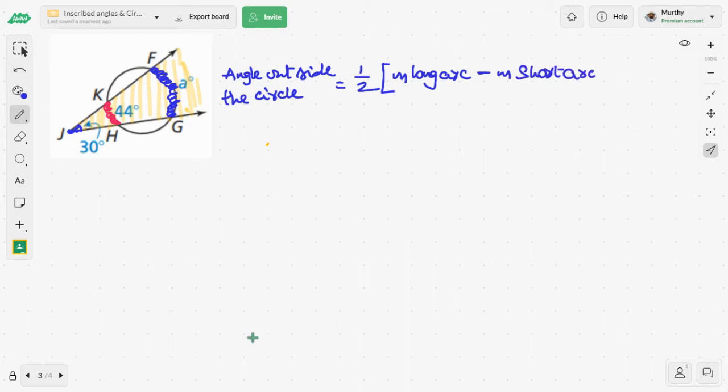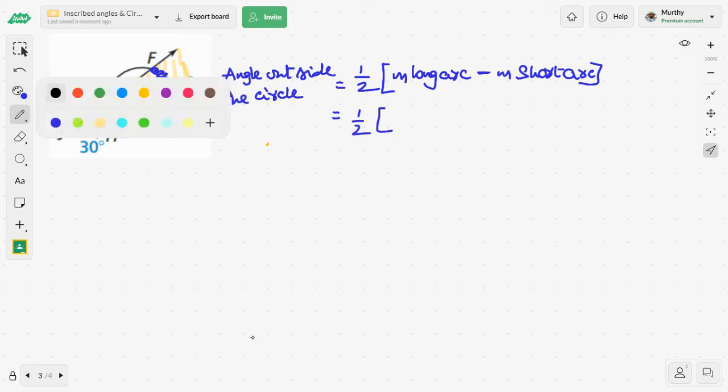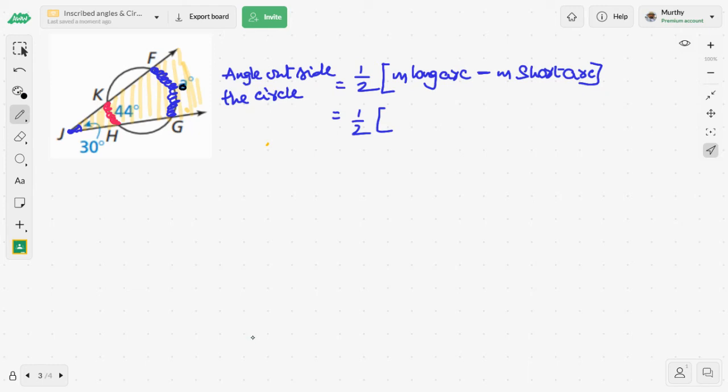So I see that in the given diagram there are two arcs, one long and one short. Here, half of the measure of the long arc, which is not given, so let it be A. Subtract the measure of the short arc, you see that it is 44 degrees. So this value is to be copied here.